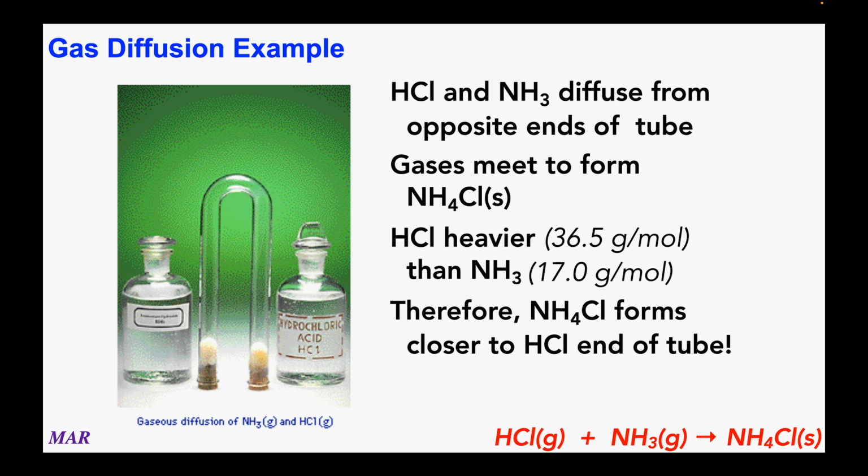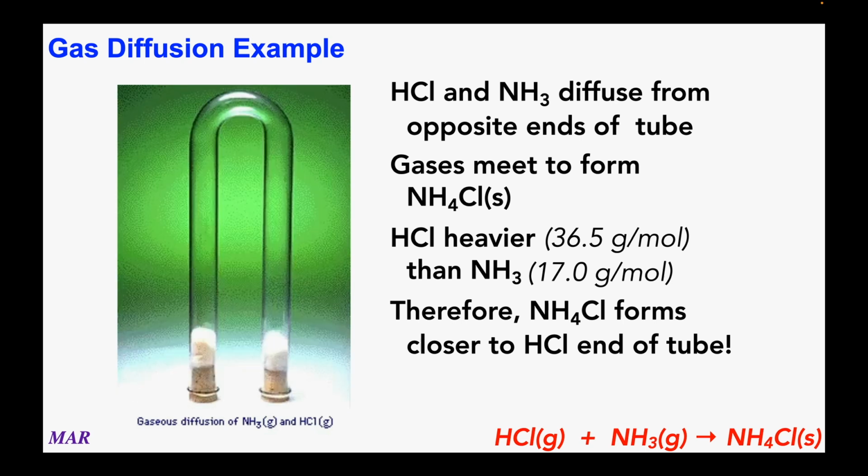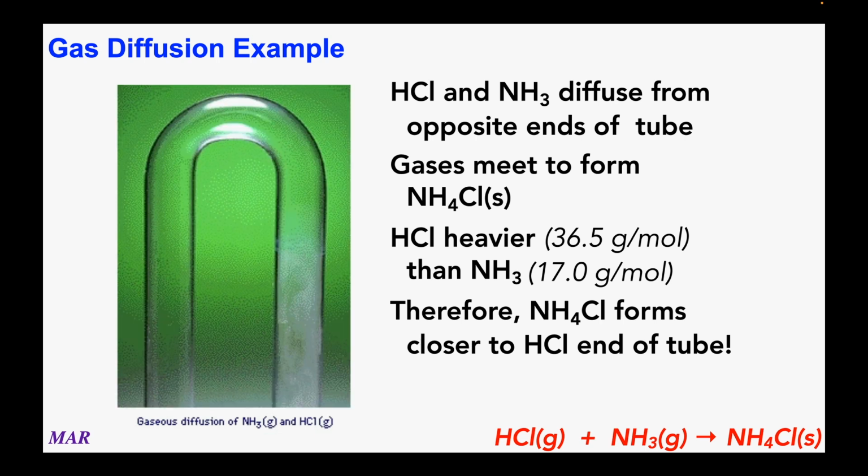So this is a direct result of Graham's law. You can make predictions like this, which is cool. On the right is HCl gas, and on the left is NH3 gas. Where the two meet, a reaction occurs producing ammonium chloride. The reaction occurs primarily on the right because NH3 is lighter and diffuses faster.